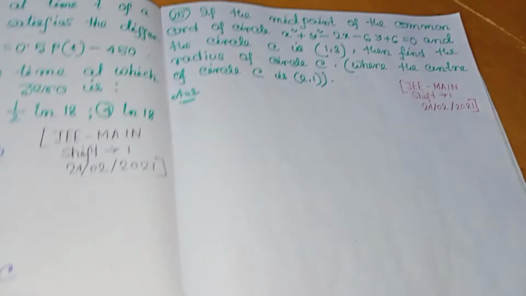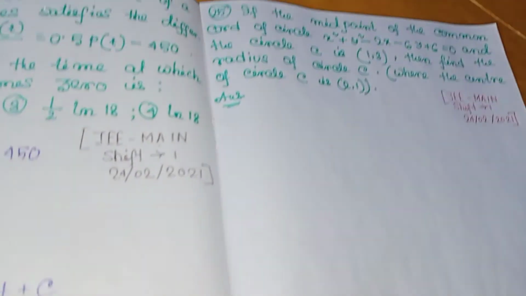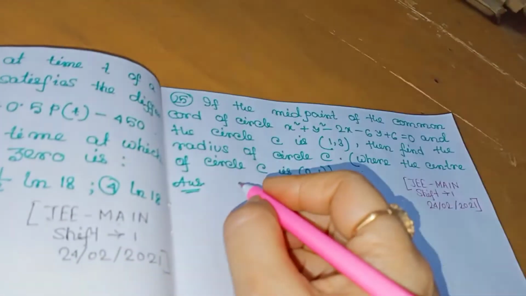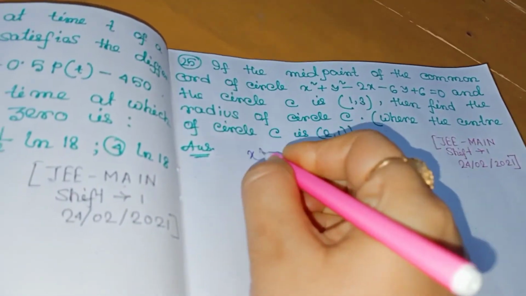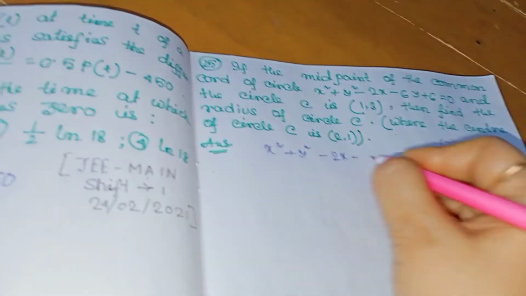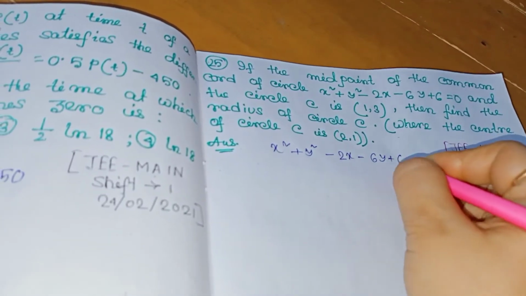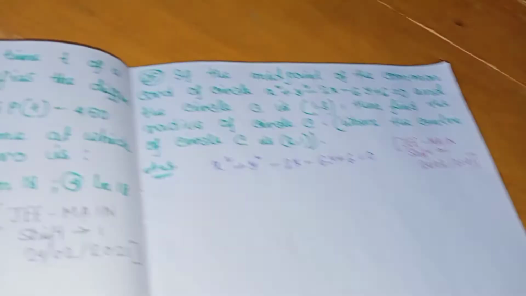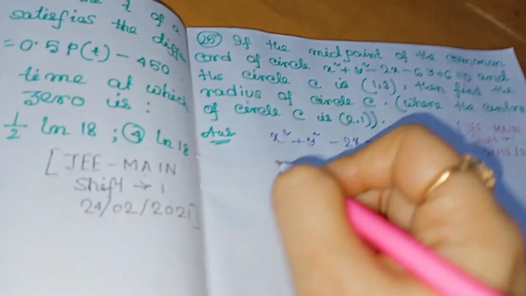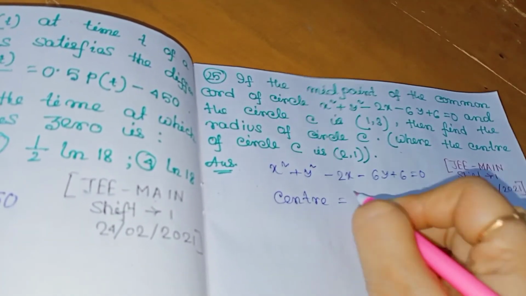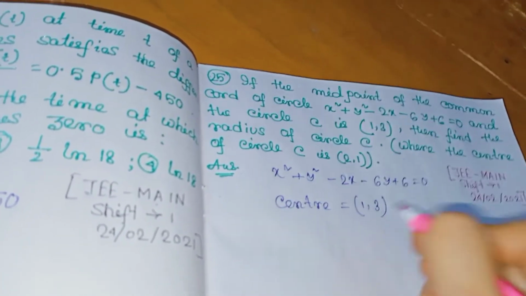So this is also a memory based question. The equation of the circle is given here, that is x square plus y square minus 2x minus 6y plus 6 is equal to 0. This is the equation of the circle, and the center of this circle is (1, 3).